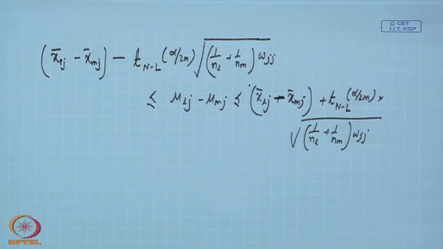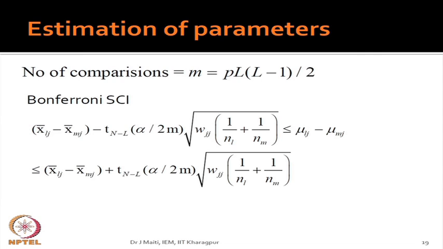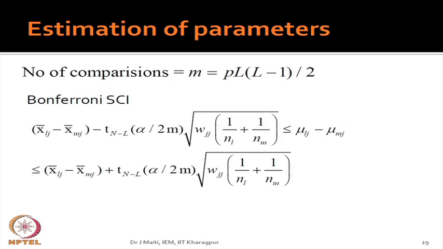Okay. So, in this manner you have to find the difference, that is what I said, the confidence interval for the differences, and then you find which differences contain 0. That means under the null hypothesis there is no difference, so mu Lj minus mu mj will be 0.